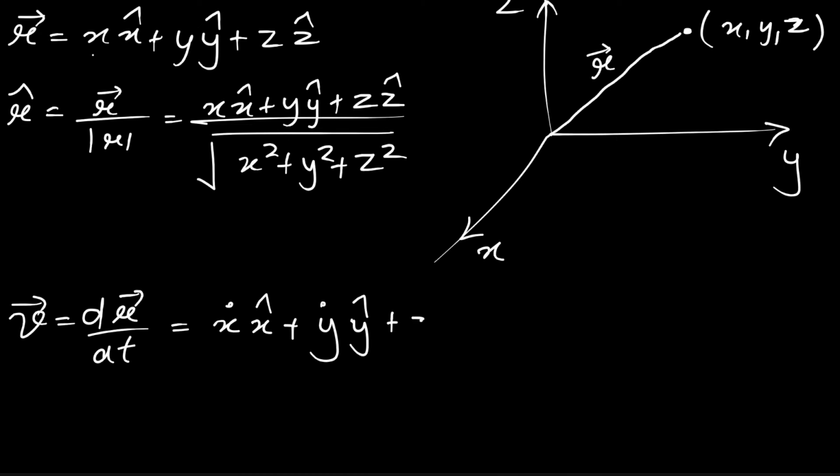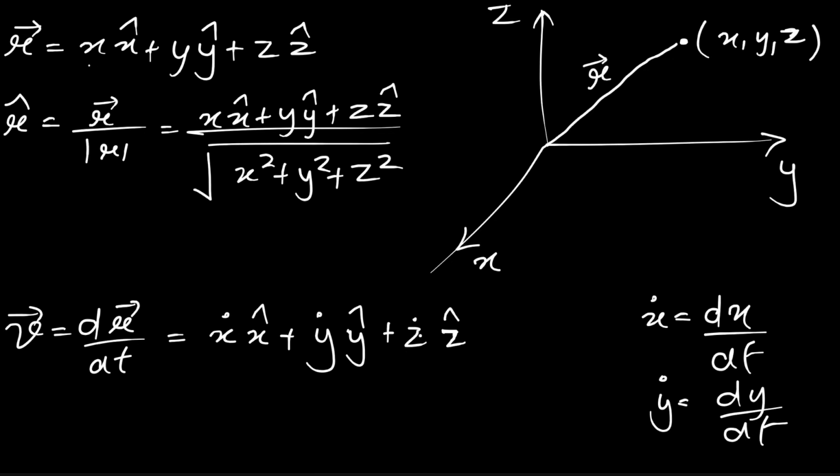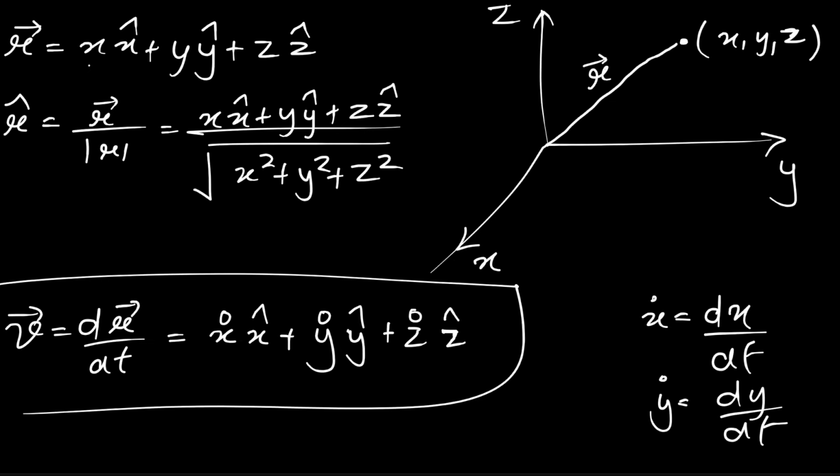Dot simply means, x dot means you are differentiating x with respect to time. Similarly, y dot means you are differentiating y with respect to time, and similarly z. I will represent it with bigger dots if you feel comfortable. And this is the velocity vector, you must know.